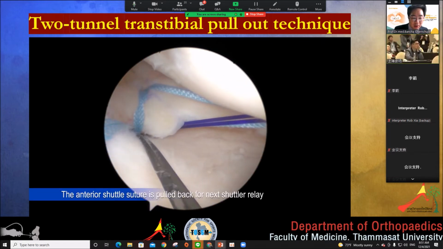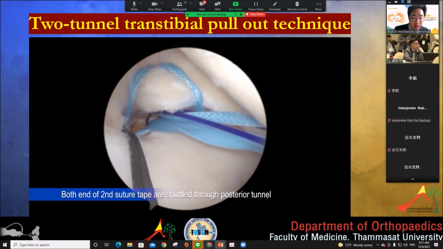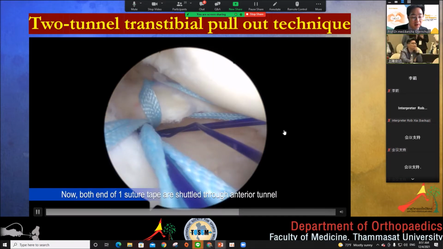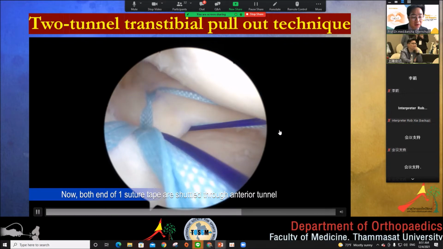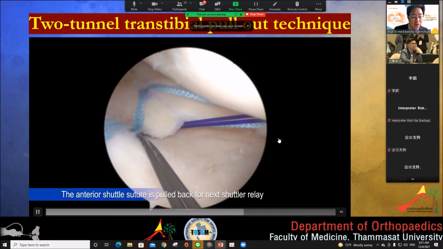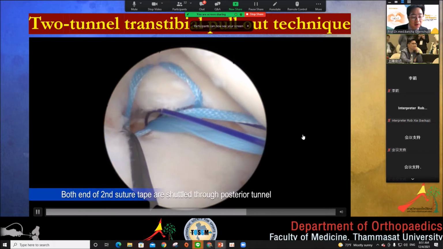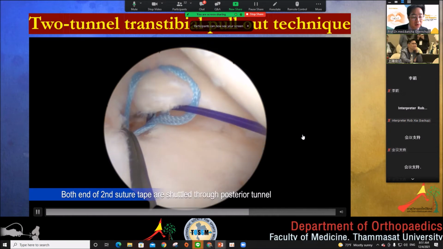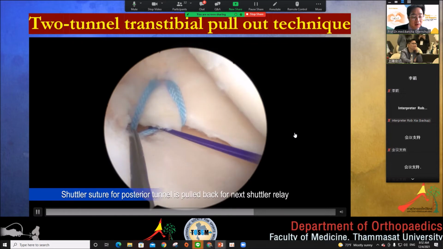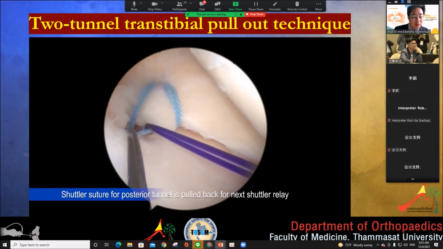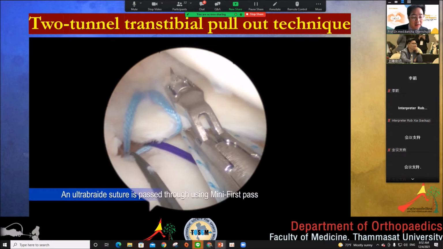Okay. So first we drag the suture into the first hole like that. That's the first hole. And to the second hole. So you have like area contact. Okay.